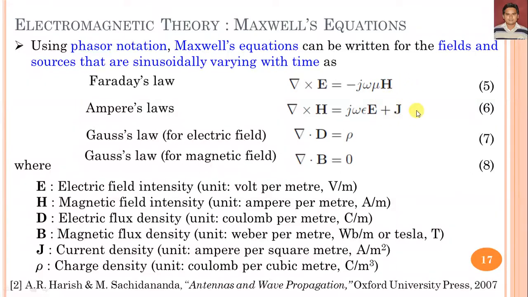When we put D equal to epsilon E, then we can say J plus dD/dt, and here the term dD/dt is called the displacement current, and we have replaced d/dt with j omega, so we can say j omega epsilon E, and this term is called the displacement current. It means that the magnetic field appears during the charge or discharge of a capacitor.